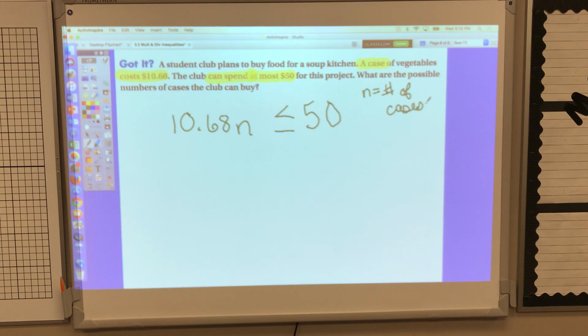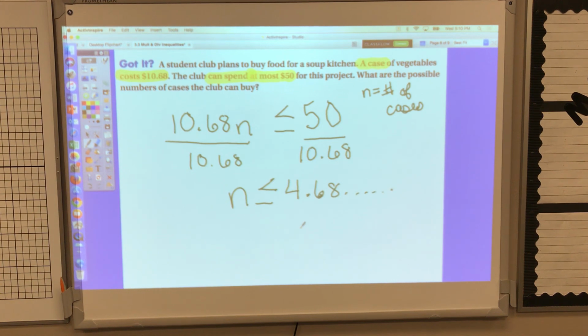In order to get n by itself, I need to divide both sides by 10.68. Whatever I do on one side, I again need to do on the other. Those are the properties of equality, or in this case, properties of inequality. So 50 divided by 10.68 gives me an answer of n is less than or equal to 4.68, and it goes on and on.